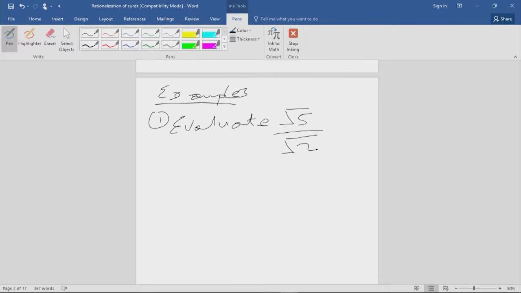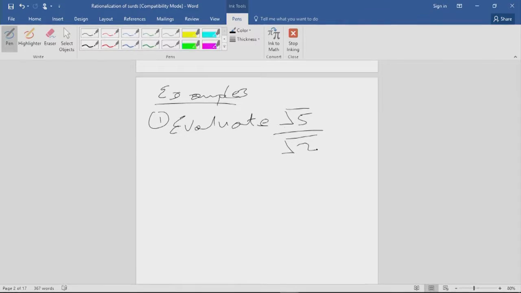As we said earlier, when we are to rationalize any denominator, we multiply both numerator and denominator by the rational value of that particular rational factor. That is to say the rational value there is the square root of 2. So we are going to multiply both numerator and denominator by our rational value.